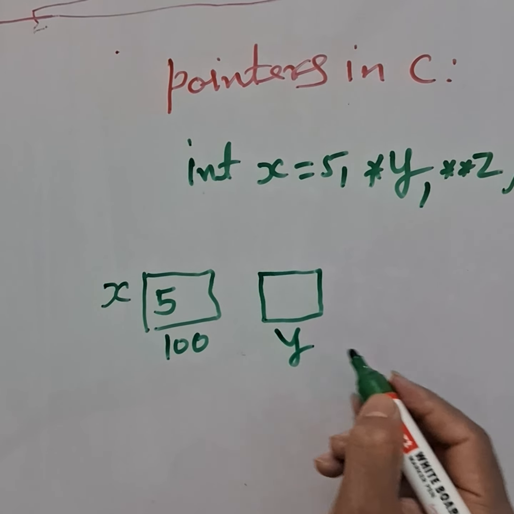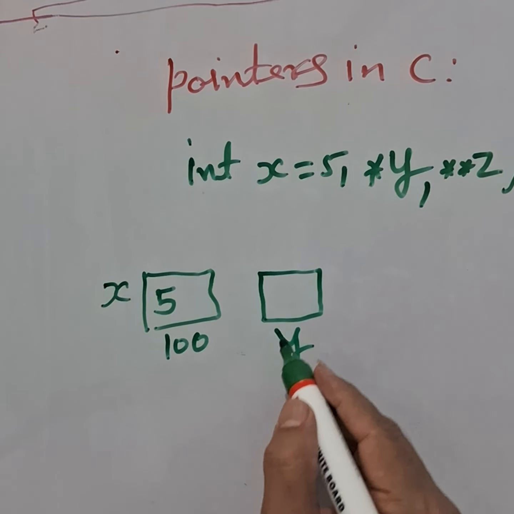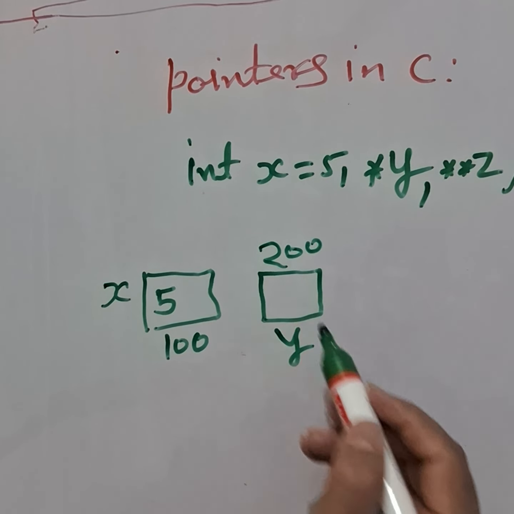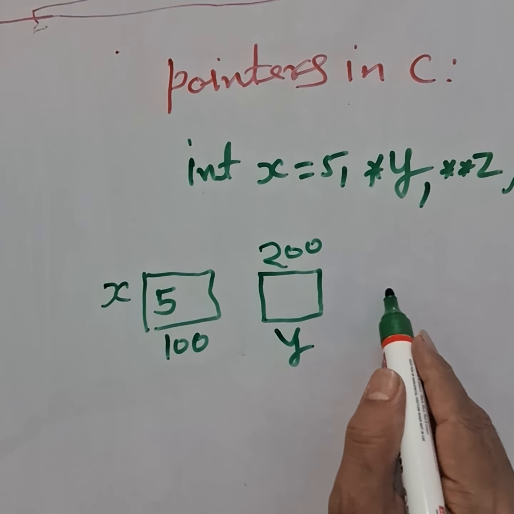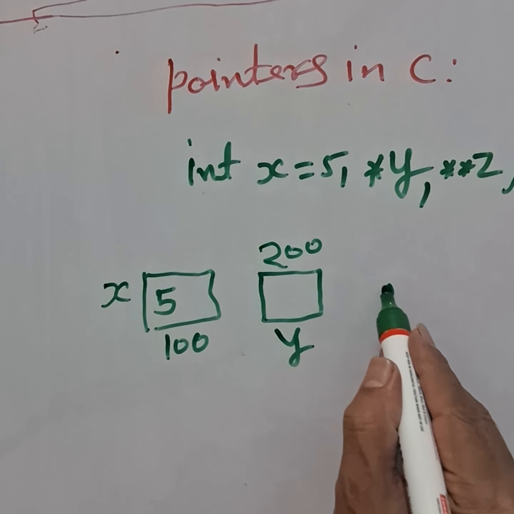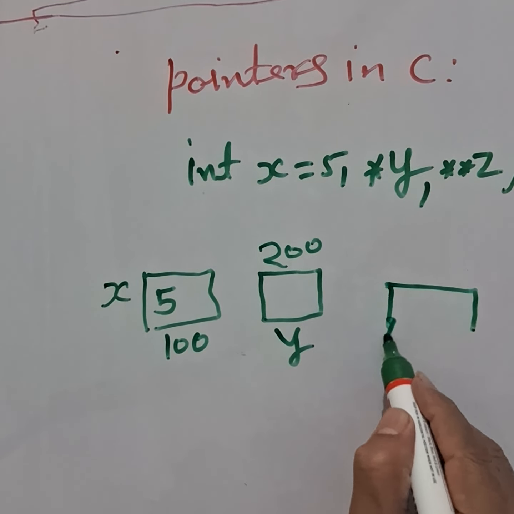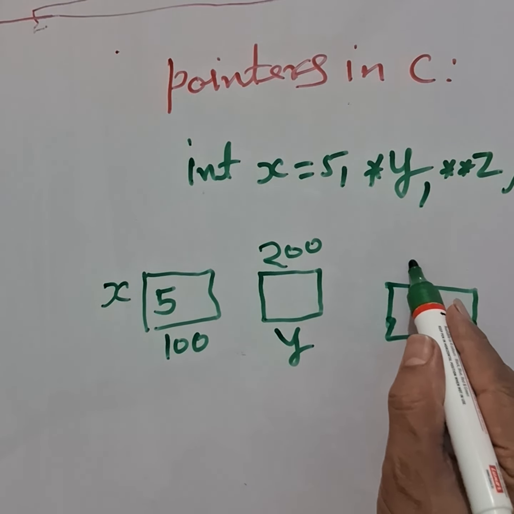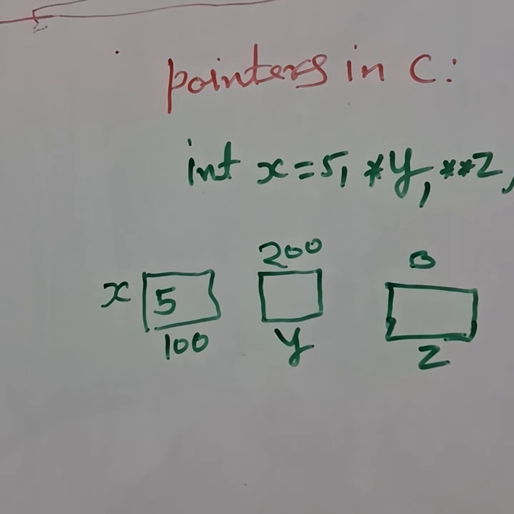We have not yet stored any value in y, and suppose its memory location is 200, right? And then we are using a third variable, which is a double pointer, and suppose the name of this variable is z, and its memory location is 300.